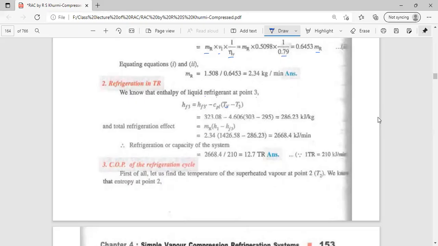If we do all the calculation, we get the enthalpy at point 3, at the inlet of the throttle valve, equal to 286.23.